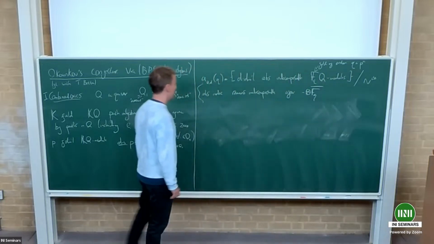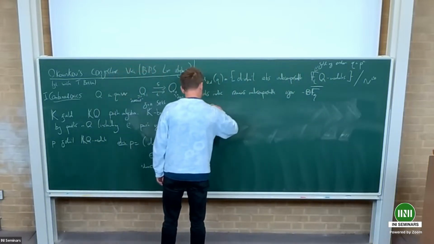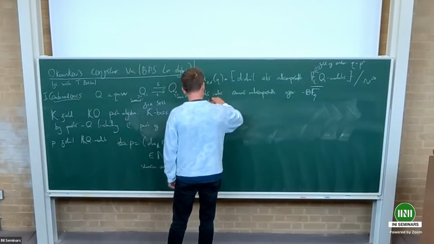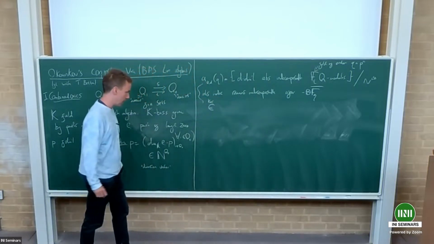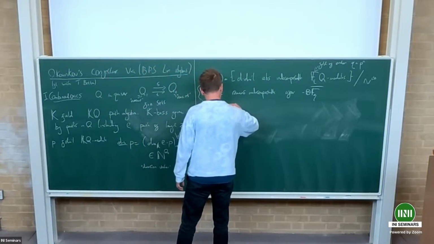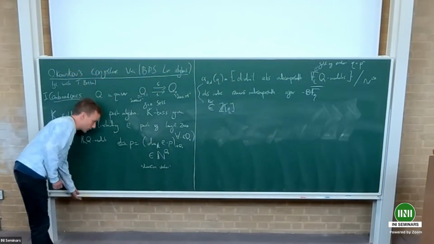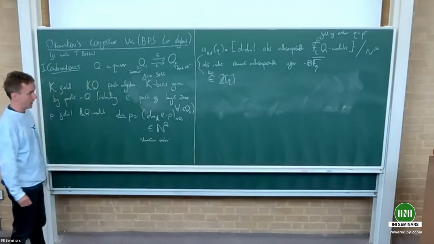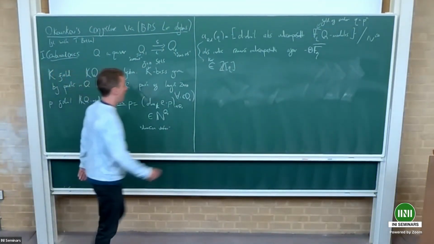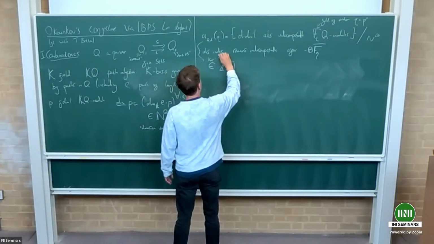So a priori, it only makes sense if I plug into it a prime power, but one of the foundational theorems in the subject is the theorem of Victor Kac, saying that in fact, this function is given by a polynomial with integer coefficients. So I can evaluate it at any q. This is from '83.